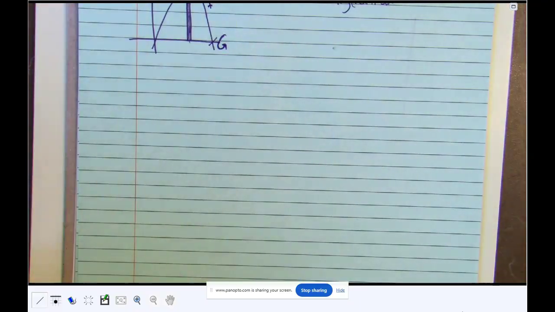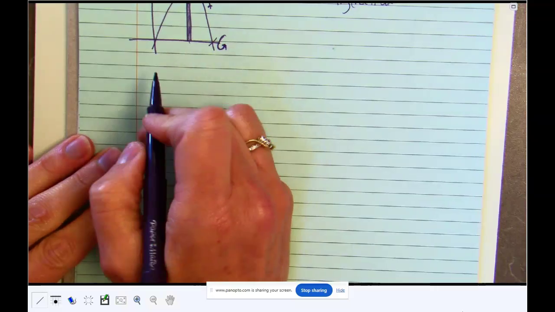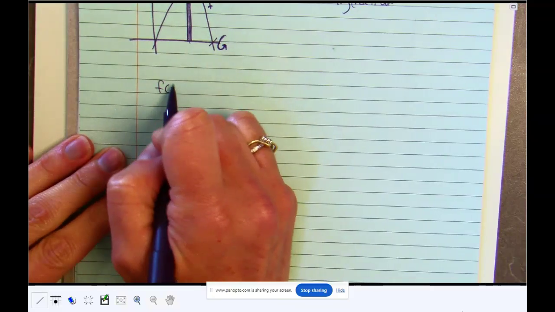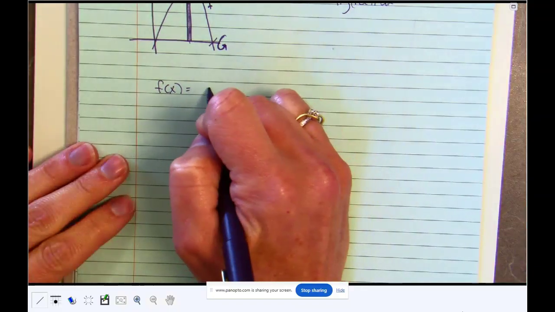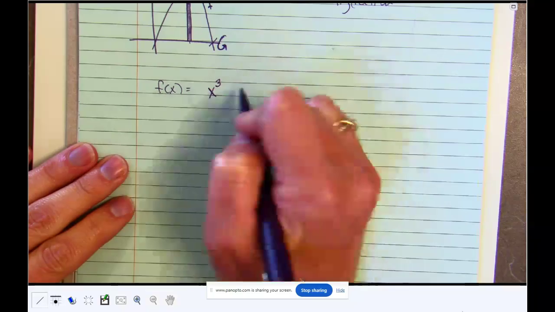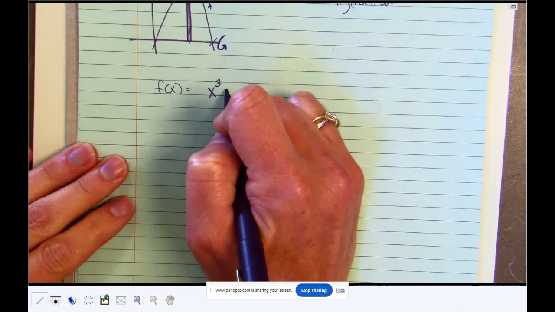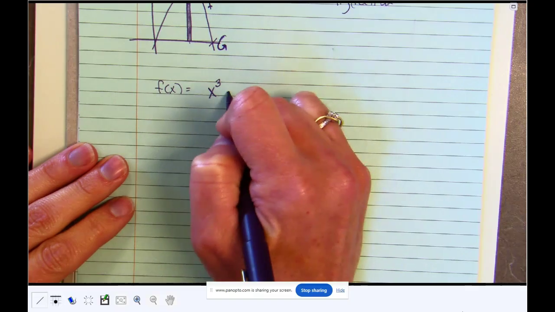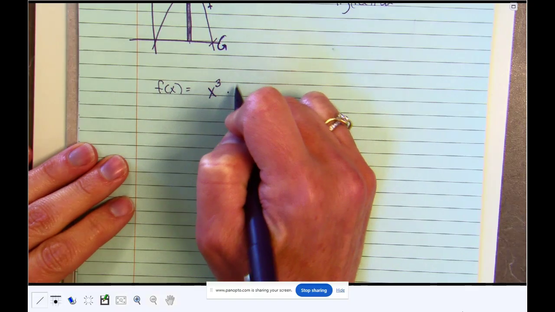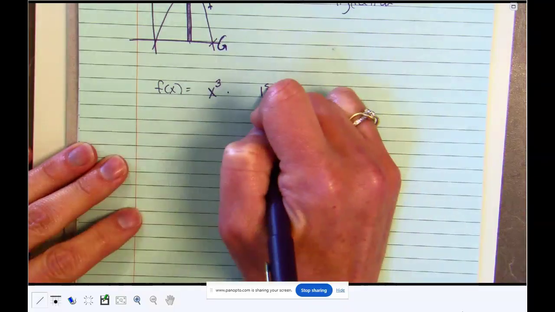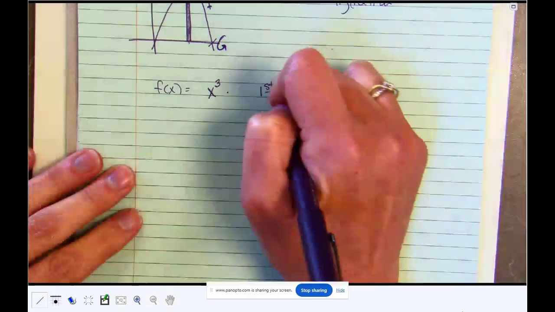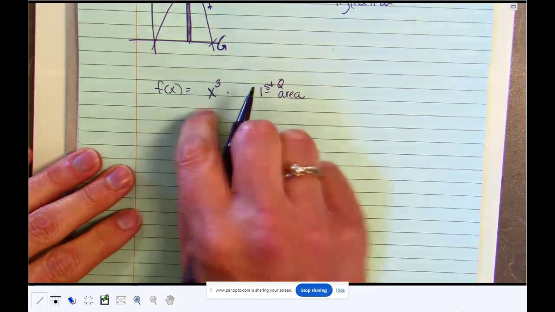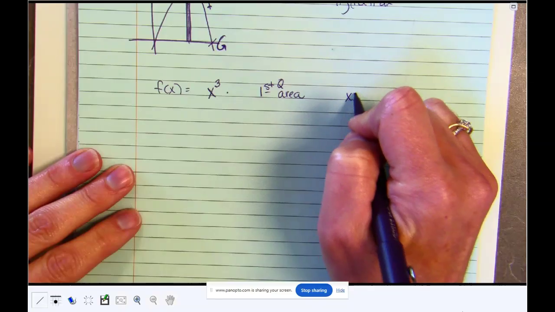So let's say we have the function f of x is equal to x cubed. So it's this function, the first quadrant area between x cubed and x equals 2.